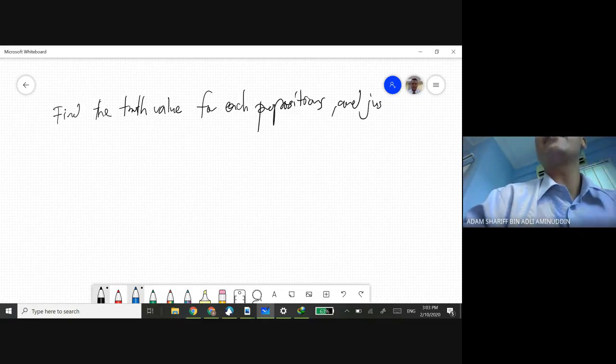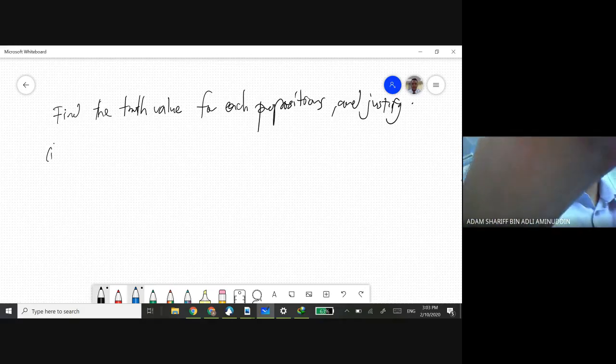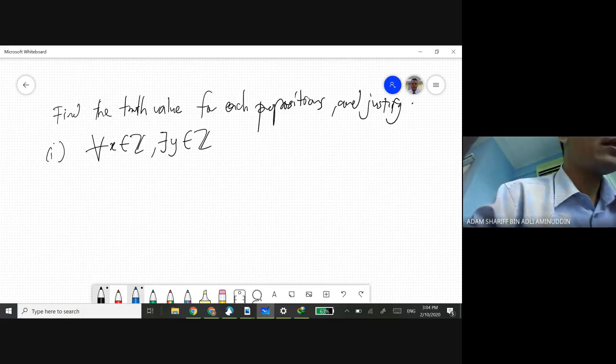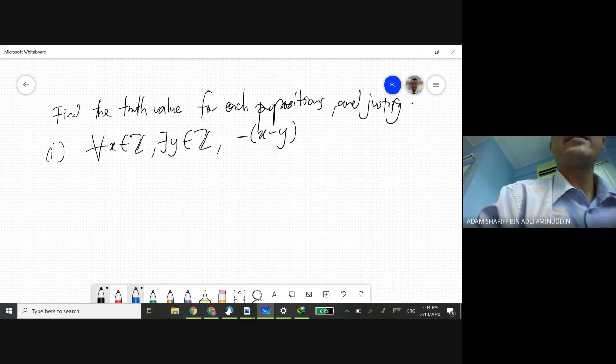Justify means you give reason to your answer. The first one is: for all x, which is an integer, there exists y, which is also an integer, such that negative x minus y squared is larger than 0.